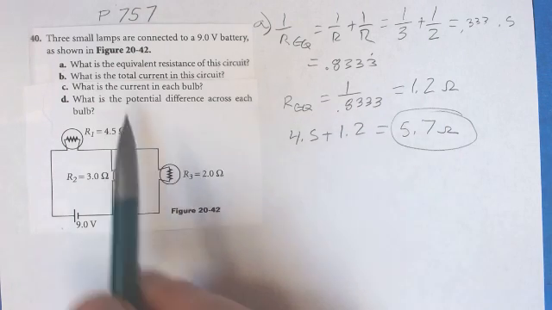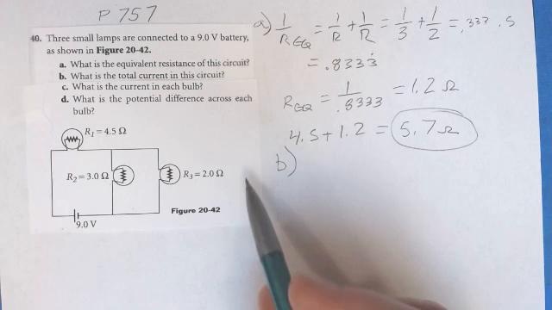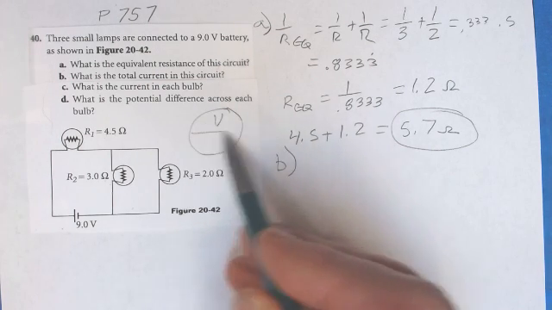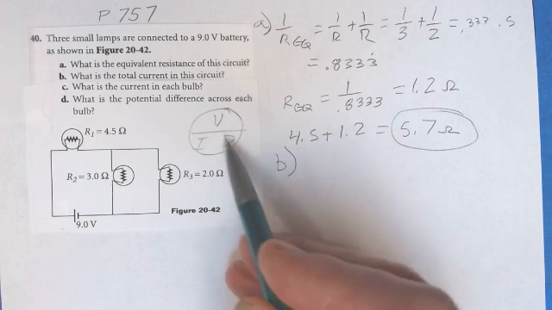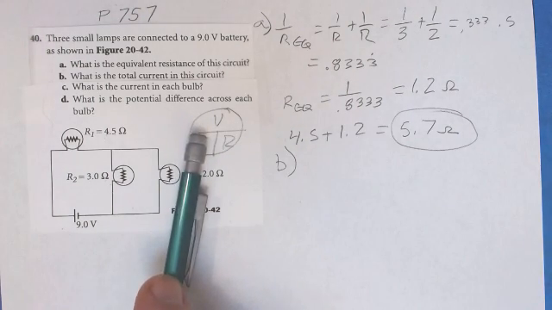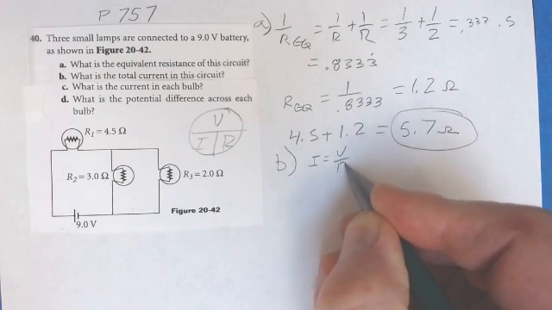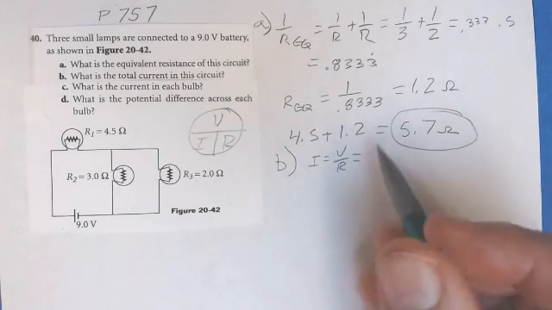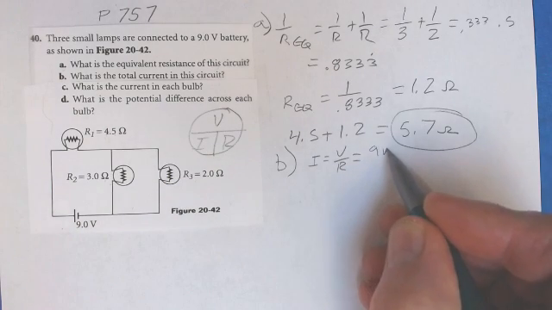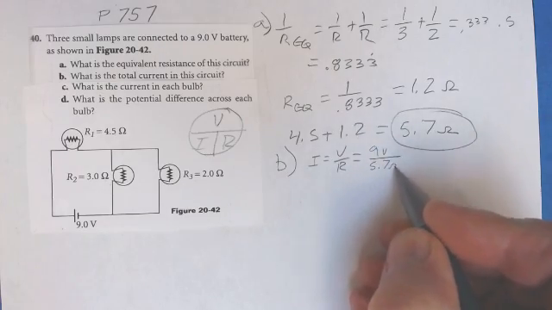Then B, what is the total current in this circuit? So I guess I'll draw this up here, V, I, and R. And they want current, I equal V over R, which is equal to, the voltage is 9 volts, and R is 5.7 ohms.